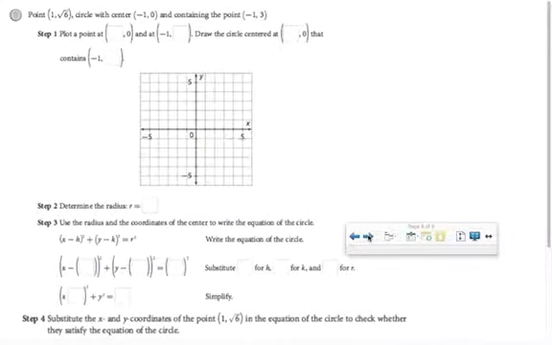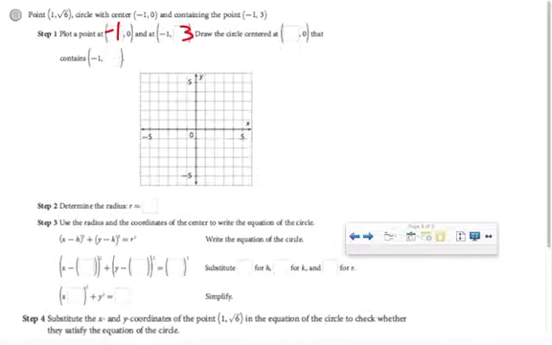Same kind of problem. I'm given a point, (1, √6), and it has a center, (-1, 0), and the circle contains the point (-1, 3). I'm trying to find out if the point (1, √6) is on this circle. So same steps. I plot a point at (-1, 0) and at (-1, 3).